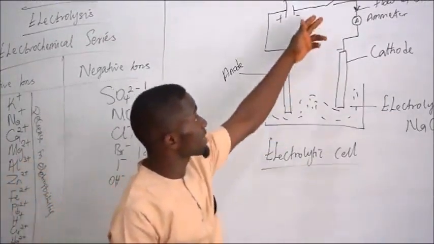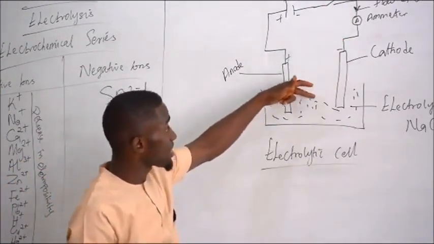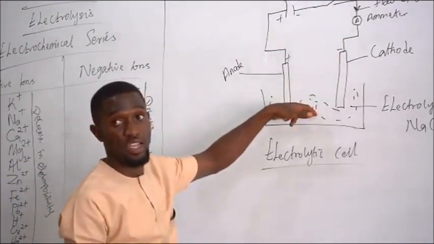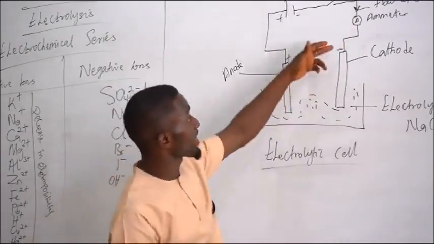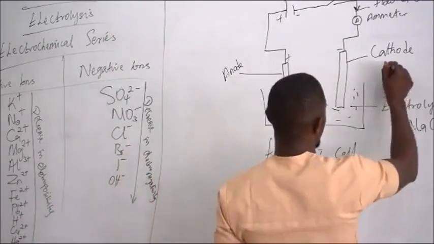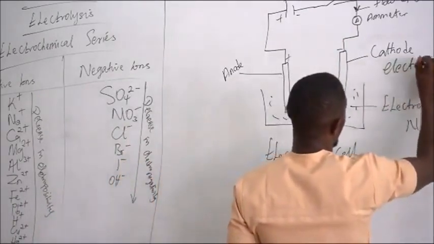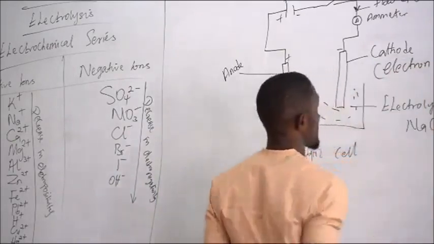Now, the electrons flow through the cathode and go into the electrolyte. Now, when there is this flow of electrons from the cathode into the electrolyte, this leads to electron excess.